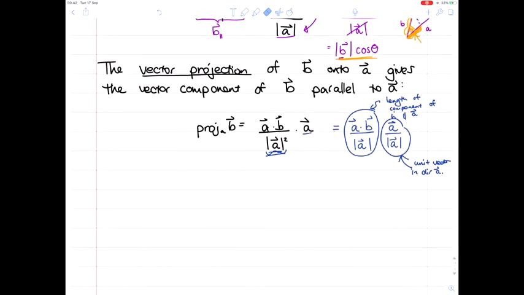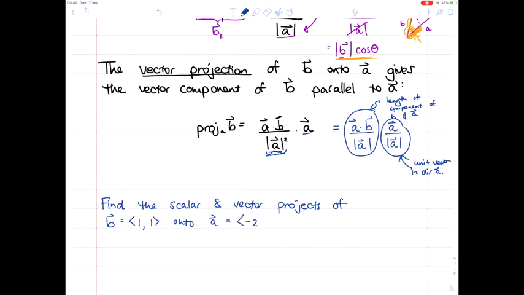So let's have an example. We're going to find the scalar and vector projections of our vector B, which is going to be 1, 1, onto our vector A, which is equal to minus 2, 3.